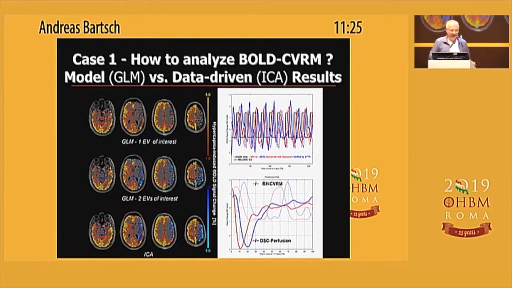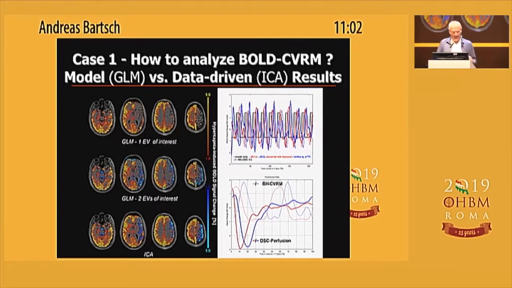And if you just do this, and this is what most people would do, then what you see is a lack of activation, a lack of cerebrovascular response in the left middle cerebral artery territory. So you would say this person has a reduced cerebrovascular response. Patient should undergo surgery.